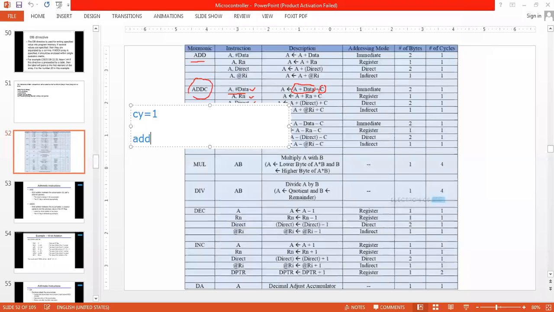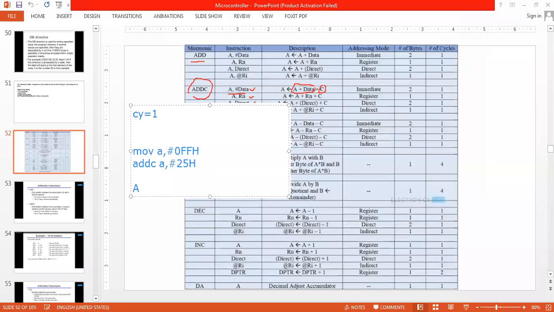So now ADDC A comma #25H, and here what I will write, MOV A comma #0FFH. Okay, now tell me what will be the answer of A. See, the only thing is we have to add C along with the addition of this data. So what can be the answer of A?